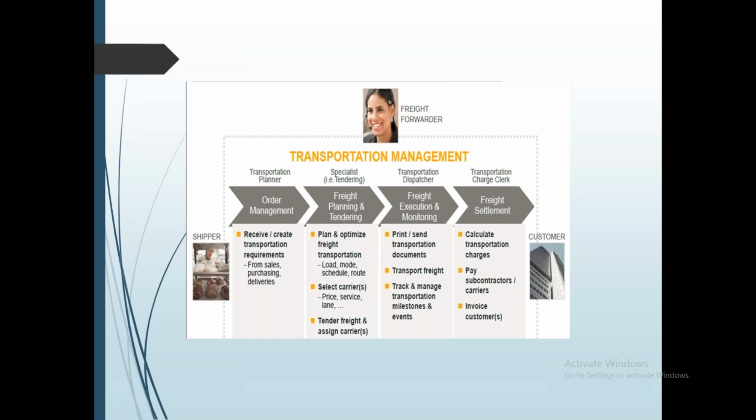So transportation means the movement of your product from one location to another location, and as a transporter you need to worry about three things: what to transport, how to transport, and when to transport. What to transport means your household articles, that is, what products or cargo items you want to transport.